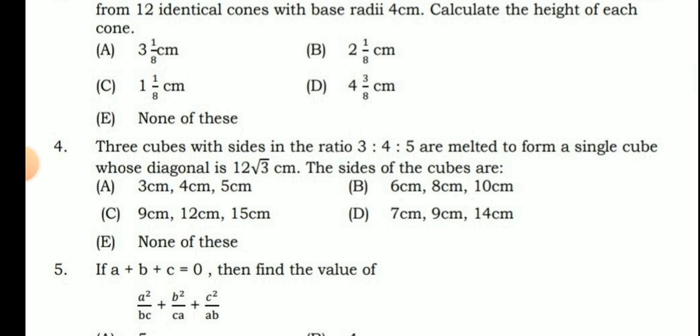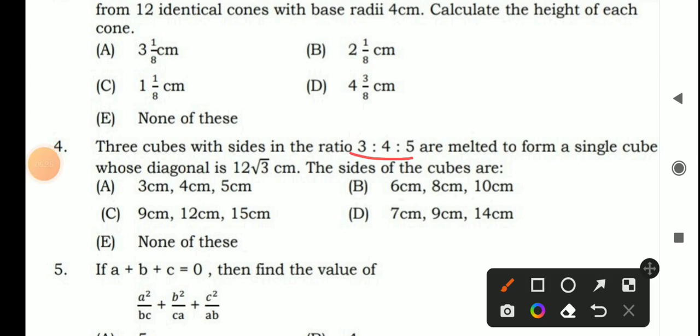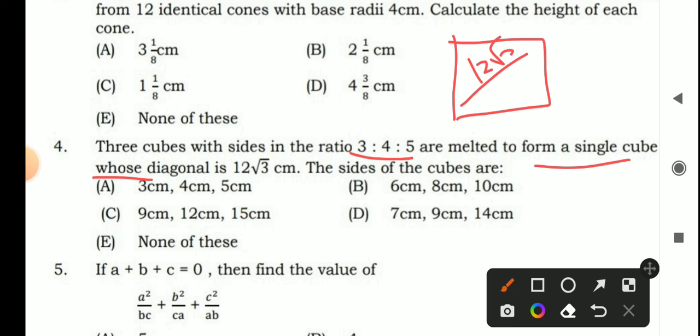3 cubes with sides in the ratio 3:4:5 are melted to form a single cube whose diagonal is 12√3. So dear student, as you know, the diagonal of a cube is side multiplied by √3.